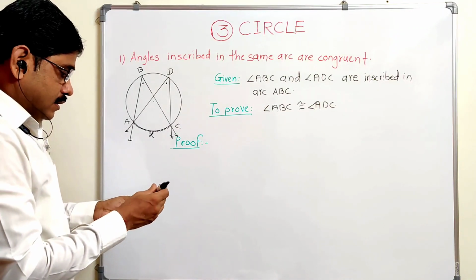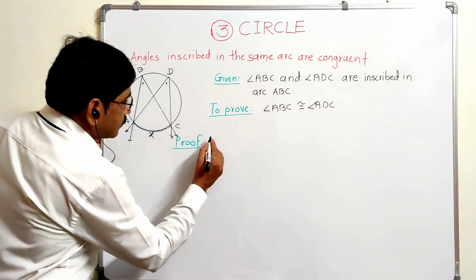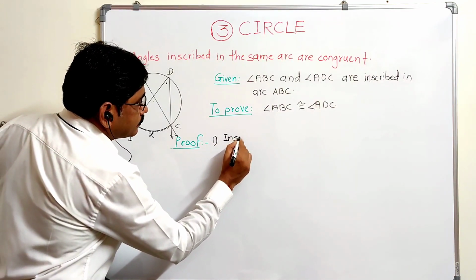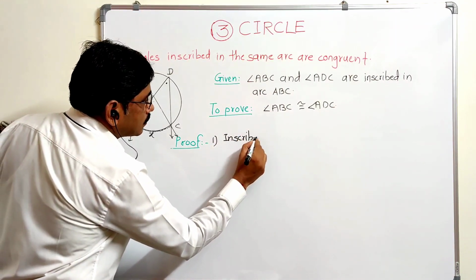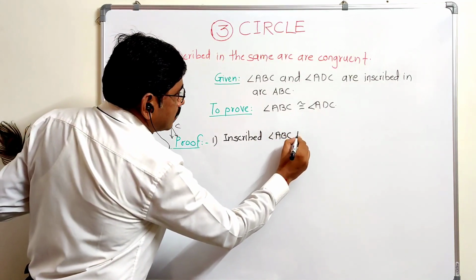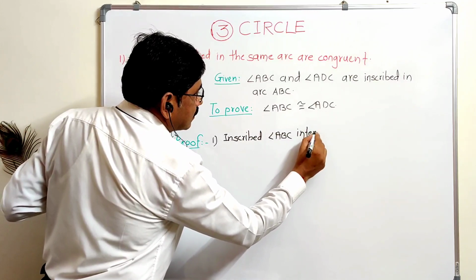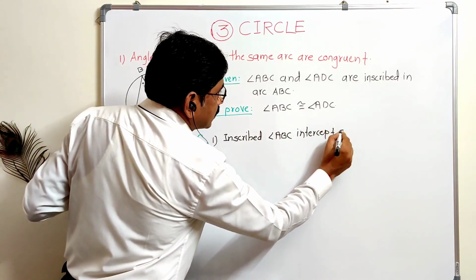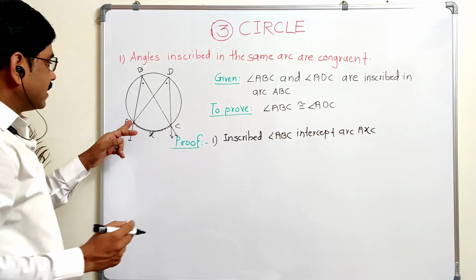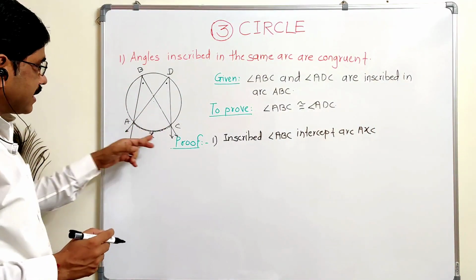So here the first step is, inscribed angle ABC intercepts which arc? Arc AXC in this figure.